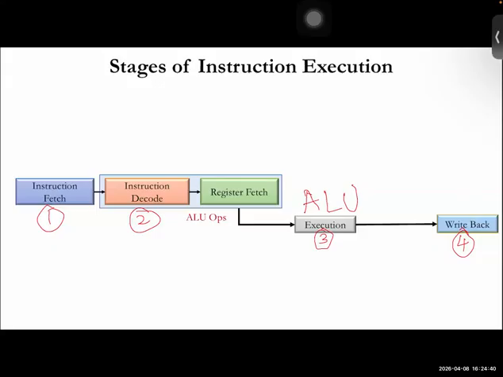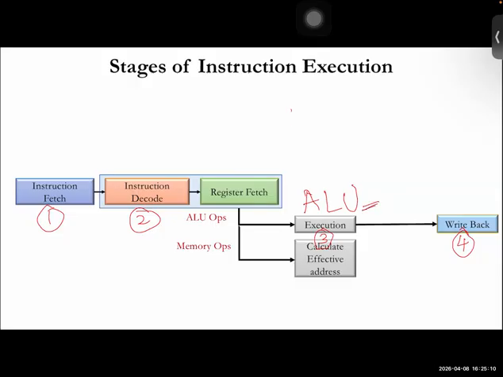Next, take another class of instructions, the memory instructions. After instruction fetching and decoding, in the third stage it goes to the execution stage. In the execution stage of a memory instruction, the ALU computes the effective address.